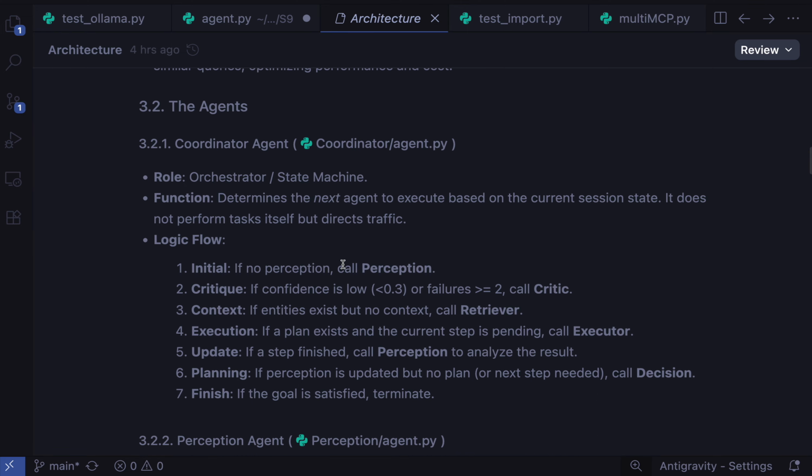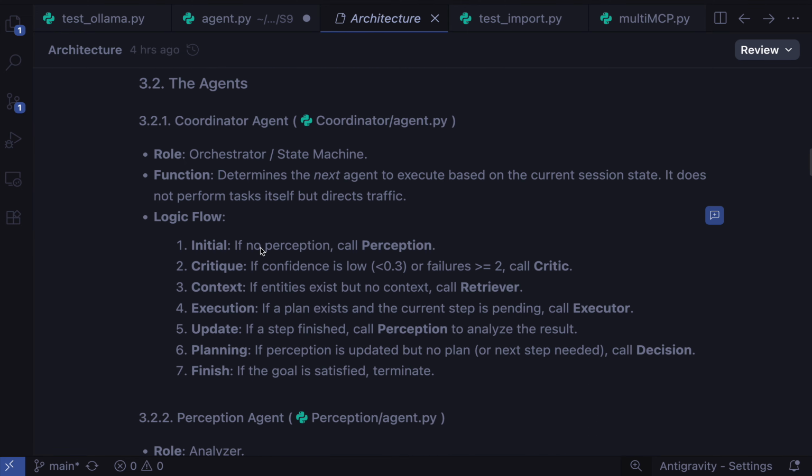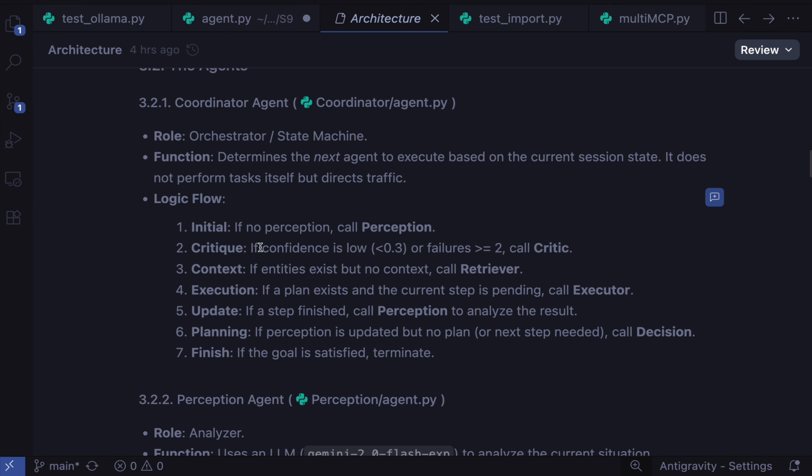Let's talk about the agents. The coordinator agent, which I was talking about, determines the next agent to execute based on the current situation, and that is decided by the previous agent. If there's no perception, it calls perception.